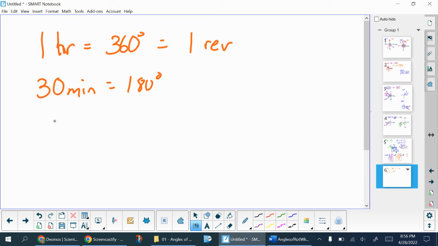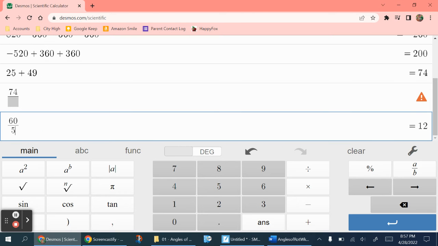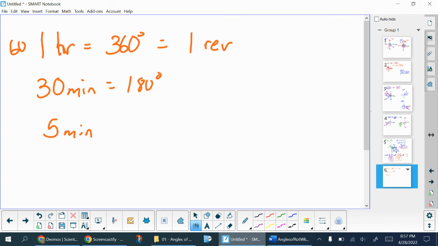If we see something like 5 minutes, well, 1 hour is 60 minutes. 5 minutes is going to go into 60 minutes, what is it? 60 divided by 5. That shouldn't be that hard. 60 divided by 5 is 12. It goes in 12 times.